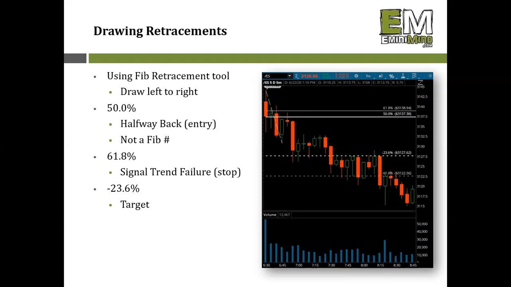So if you're day trading, let's say you're trading 2 contracts, taking half of the position off at like a 1.5-to-1 reward to risk.